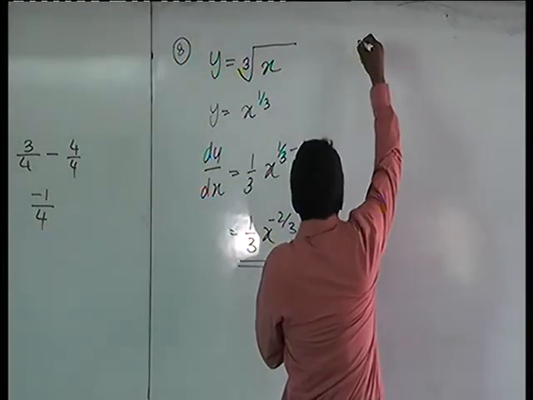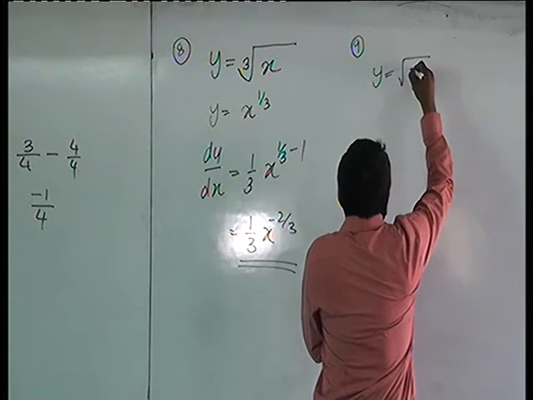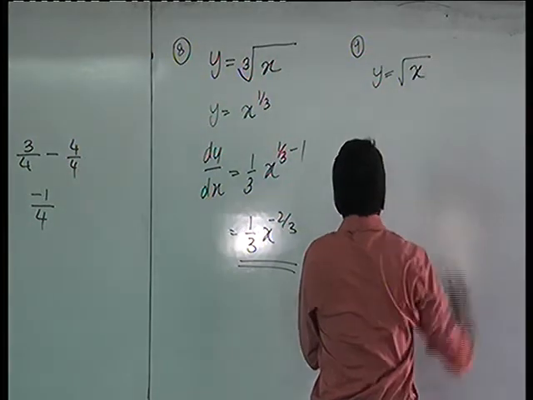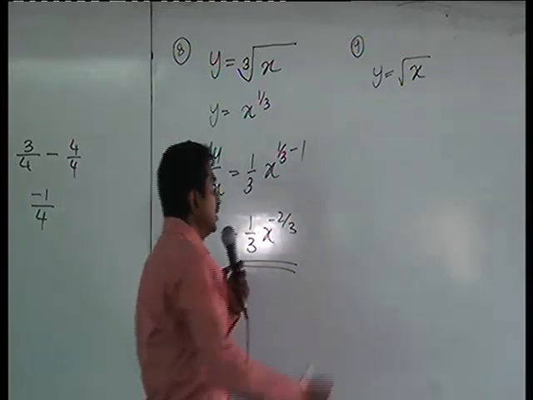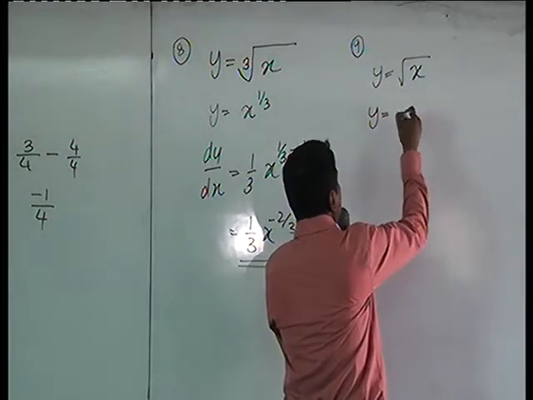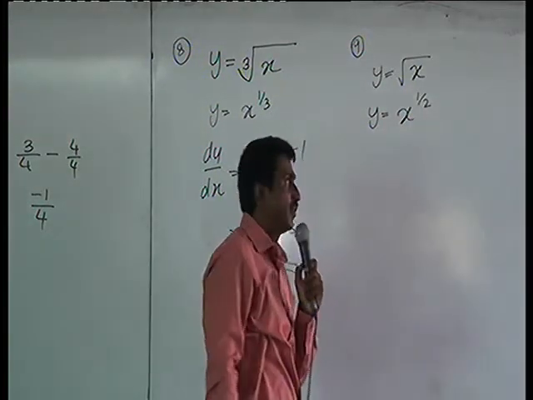If I take, say, y is equal to just square root of x, what is square root of x? Y is equal to x to the power half. Square root of x means that is half.